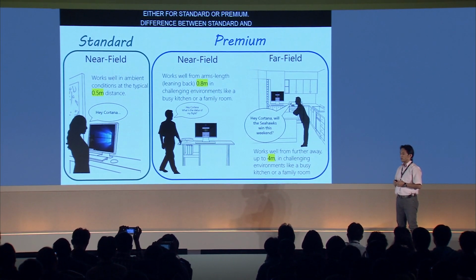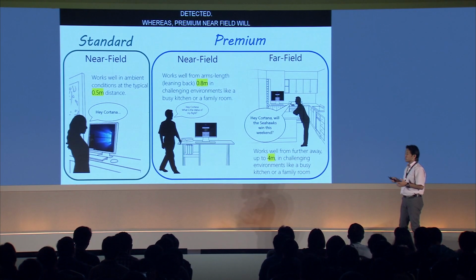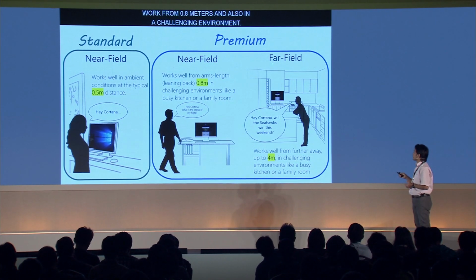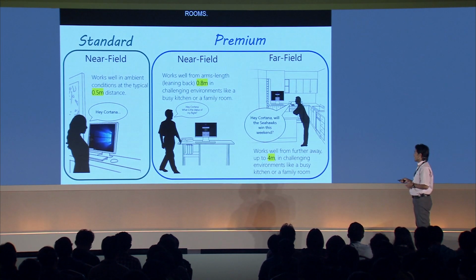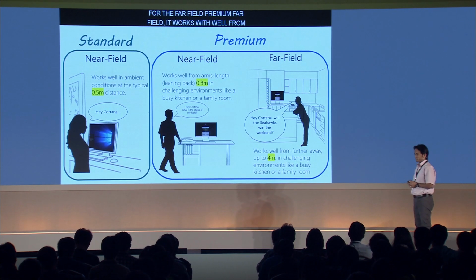Standard near field only works on low noise environment and from 0.5 meters away. Whereas premium near field will work from 0.8 meters and also in a challenging environments like busy kitchen or family rooms. For the far field, premium far field, it works well from further away up to 4 meters and also in a busy environment.